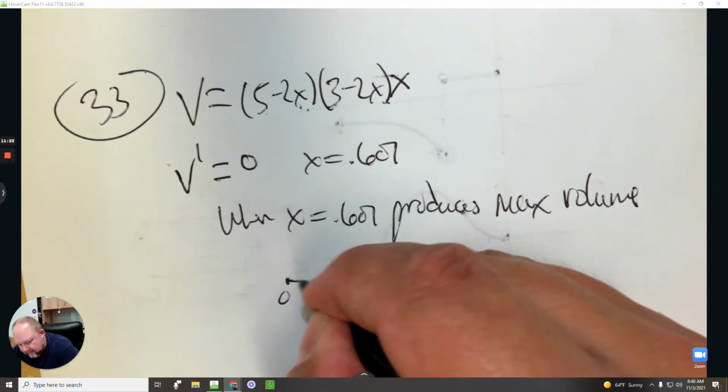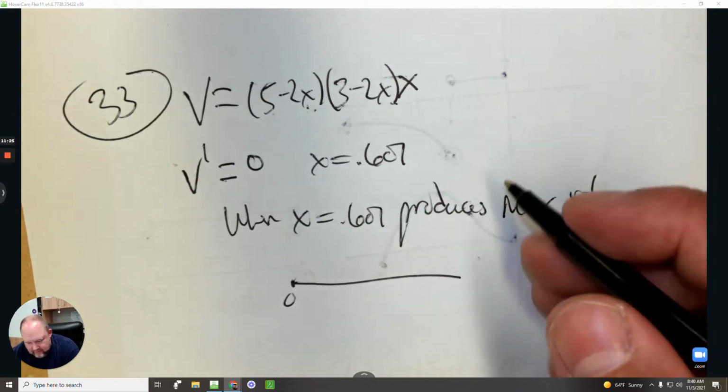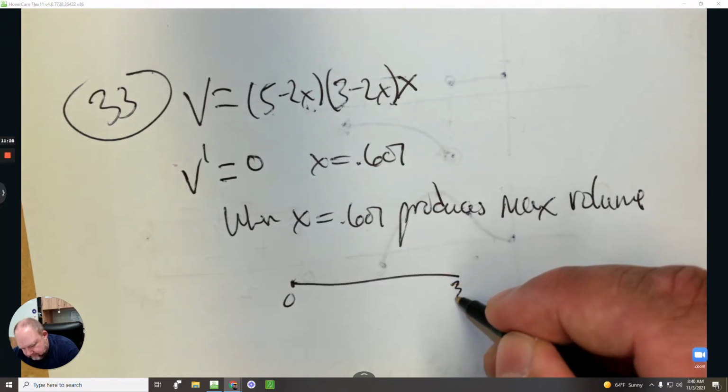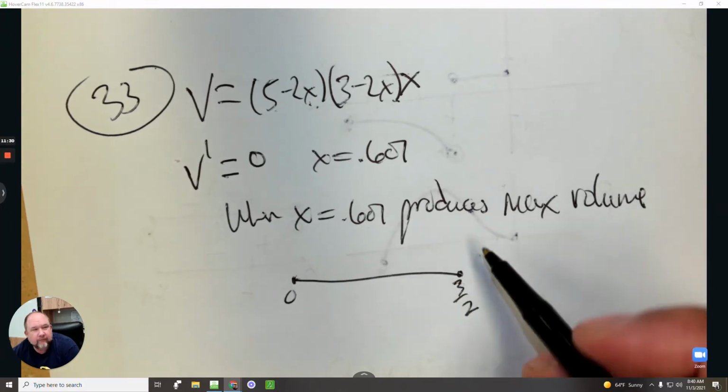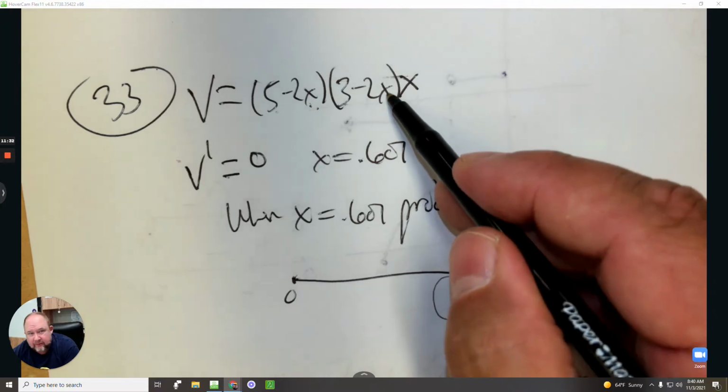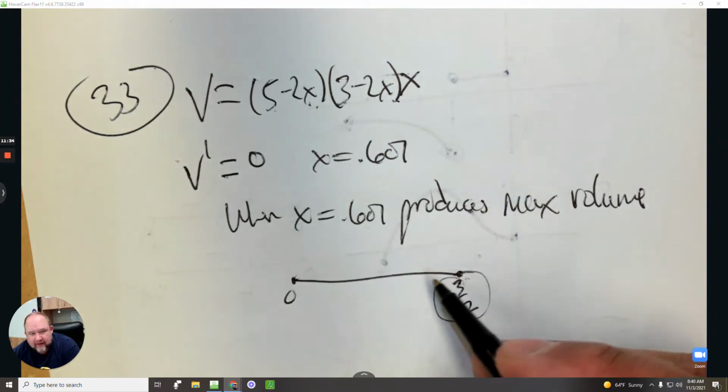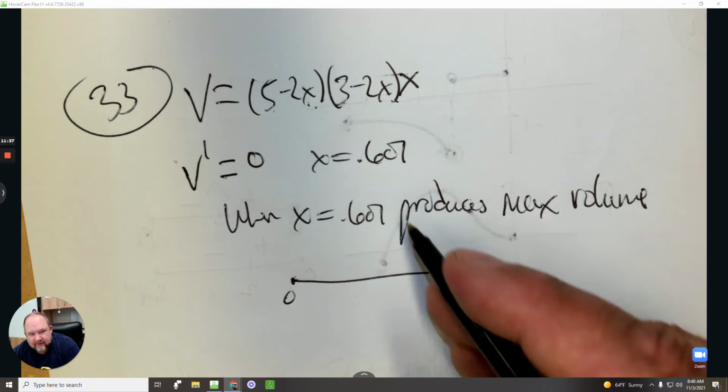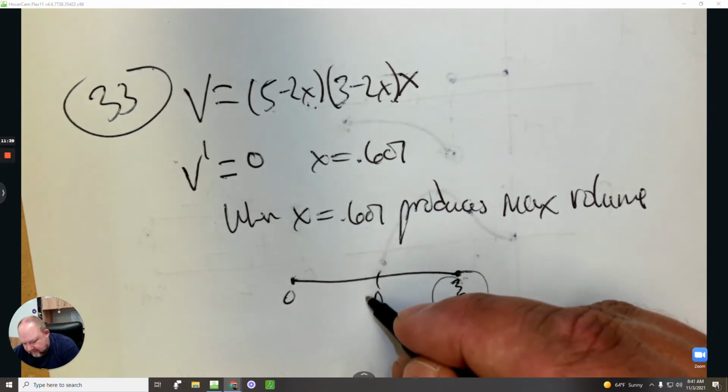This is actually the other end. If I plug in 3 over 2, you get 0. So it has to be between 0 and 3 over 2. That's 0.607. I think this is a good skill to have.